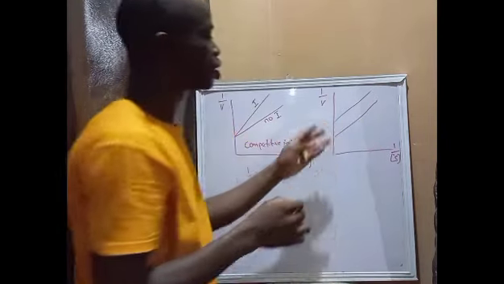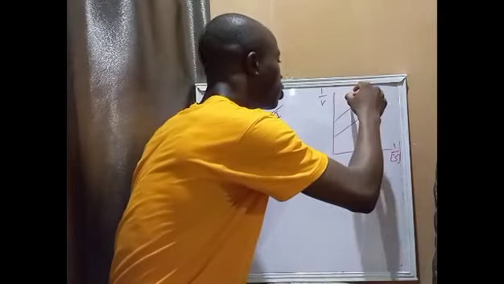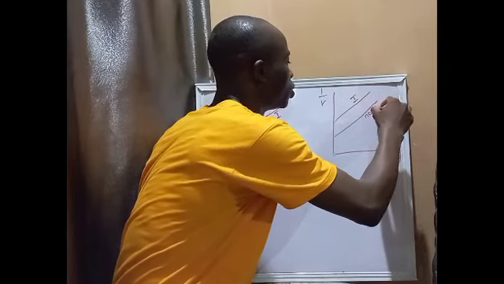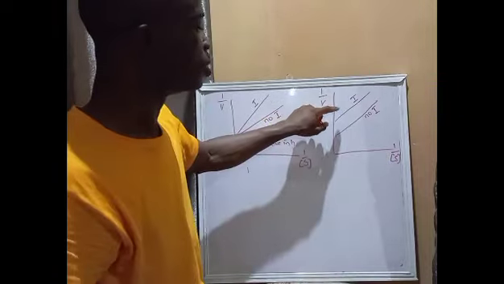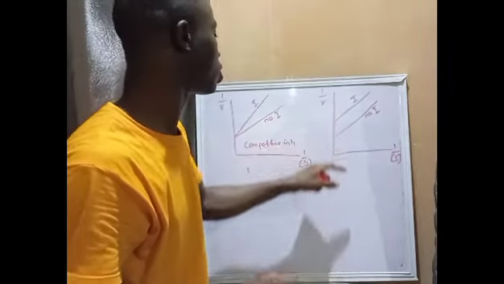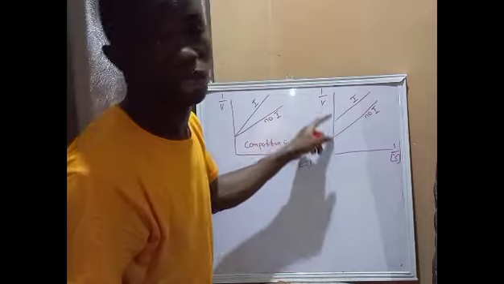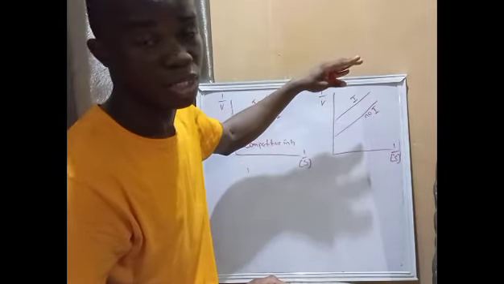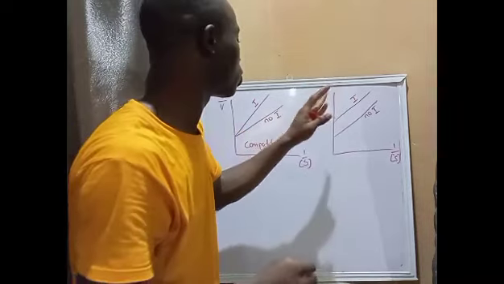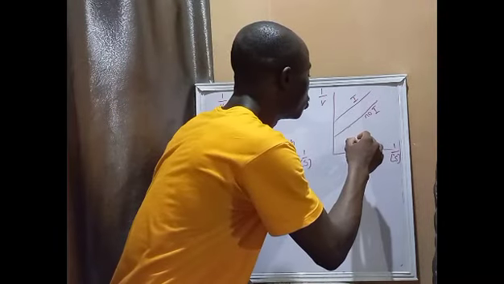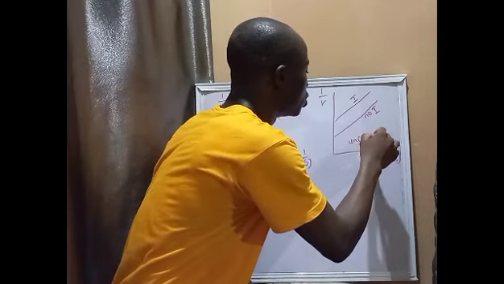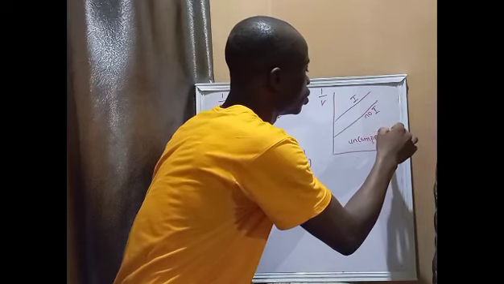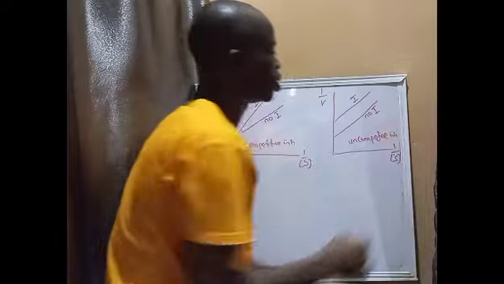Let's say this is for inhibition and this for no inhibitor. The two lines you can see here have different y-intercepts but the same slope. So this is for an uncompetitive inhibitor.